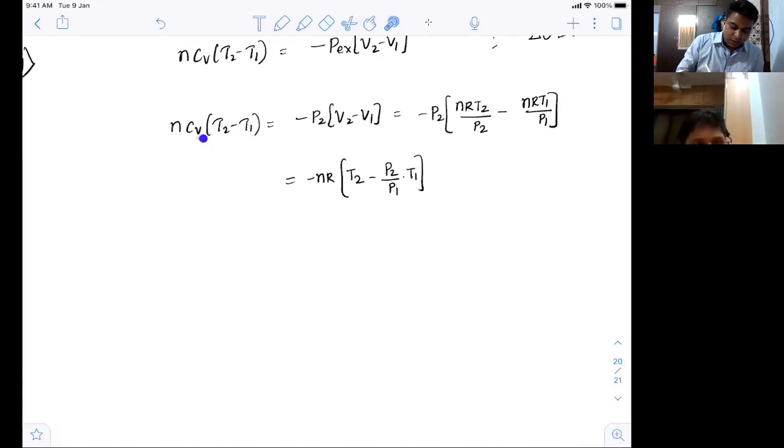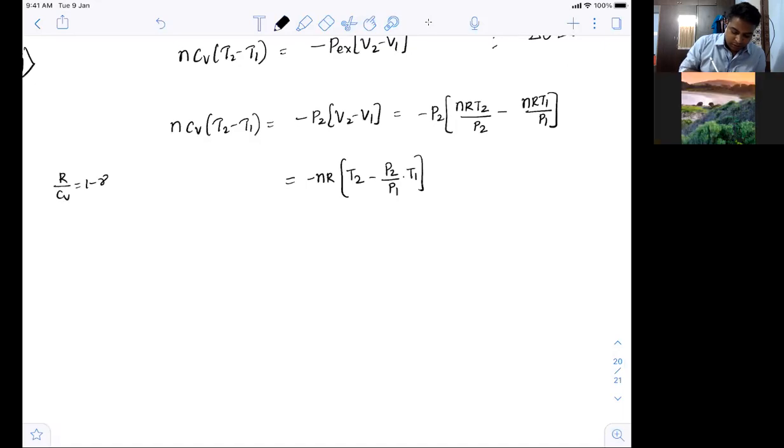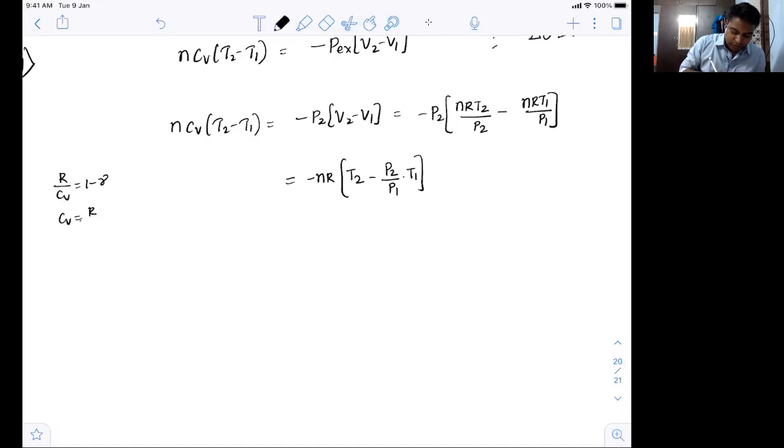Cv, if you write in terms of gamma, we know that R by Cv is equal to 1 minus gamma. So Cv can be written as R by 1 minus gamma. So I can write n Cv into (T2 minus T1) is equal to minus n into R into (T2 minus P2 by P1 into T1).